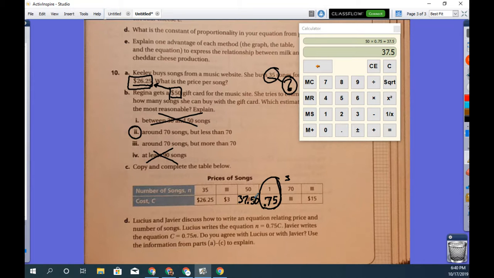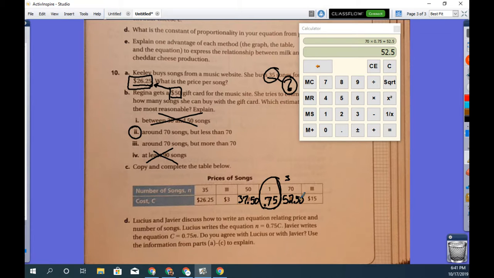So we're going to come back to that here in a second. I've got 70 songs. I'm going to go ahead and handle that. 70 songs times 0.75, $52.50.